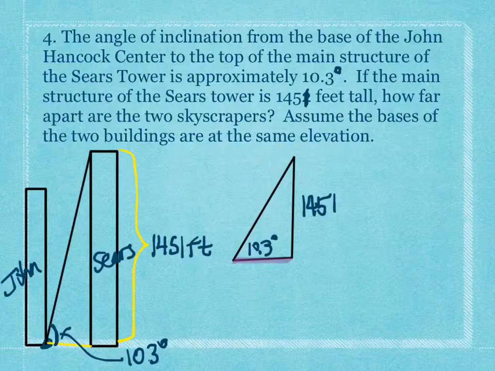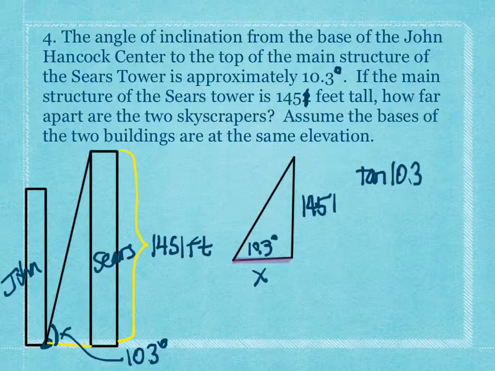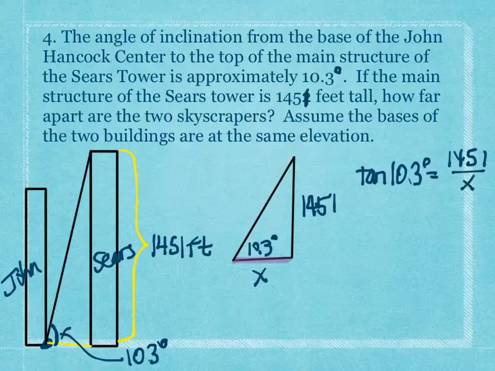All right, so the relationship between these three pieces of information, let's call this X, is tangent again. So we're going to have tangent of 10.3 degrees equals 1451 over x, or whatever letter you pick.